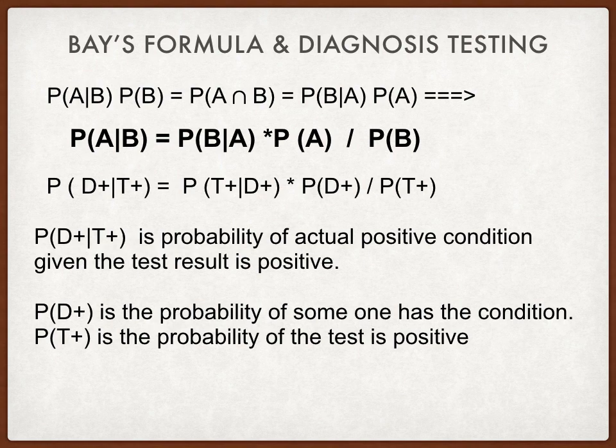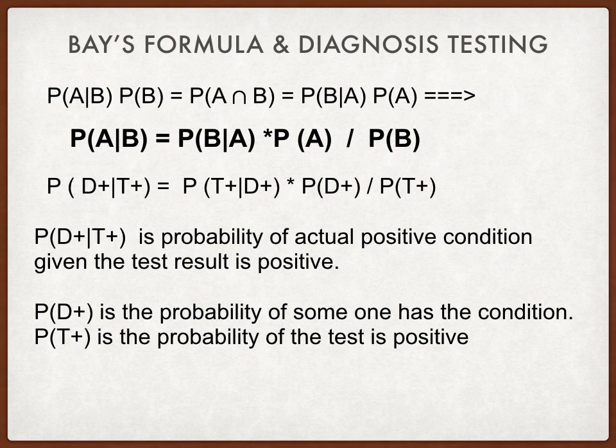So P(A given B) is P(B given A) multiplied by P(A) divided by P(B). So basically this formula, Bayes formula or theorem, connects P(A given B) to P(B given A). And the significance of this is that sometimes one or the other one is easier to estimate or calculate directly. So we directly measure or calculate one, and we use the Bayes theorem to find the other one.